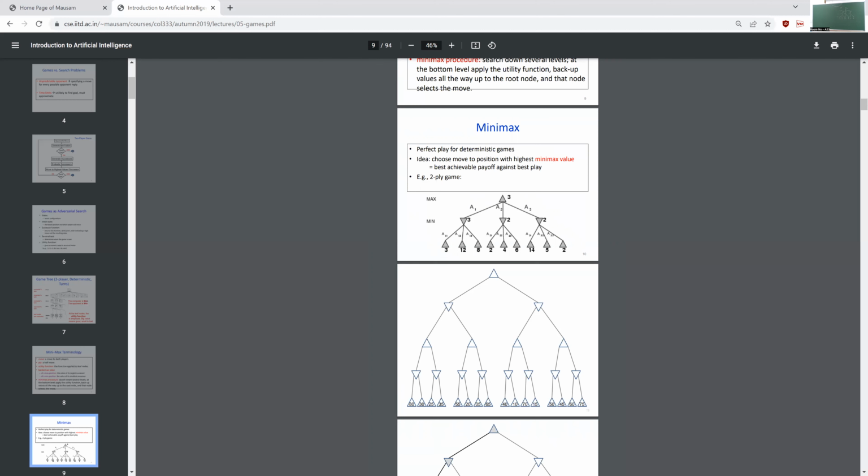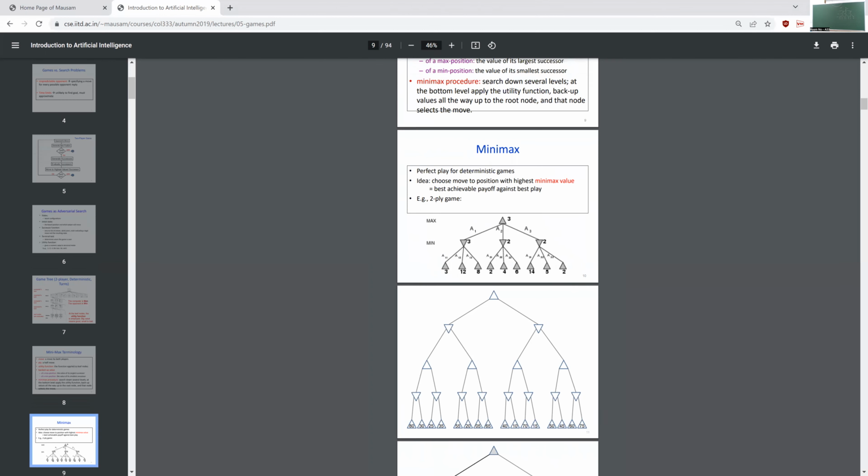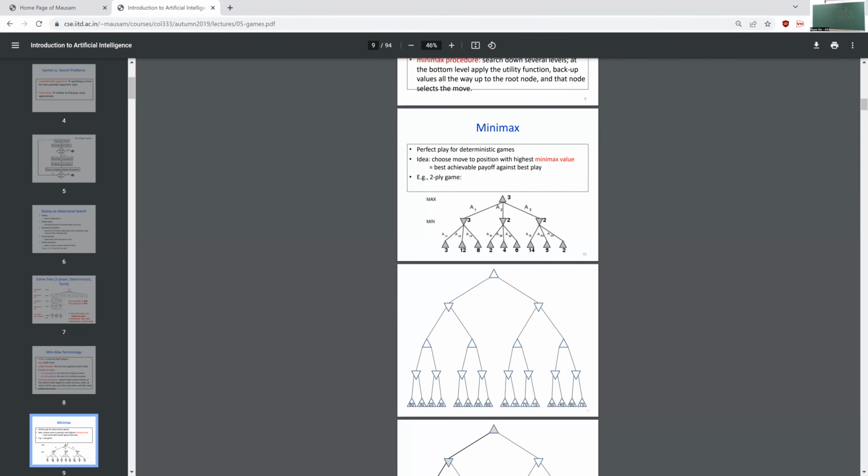Similarly for A3, but if the max chooses A1, and the min player from that point onwards plays optimally, then the max player gets a utility 3 state. So that's better for max, its objective being to maximize the utility function of the terminal state.